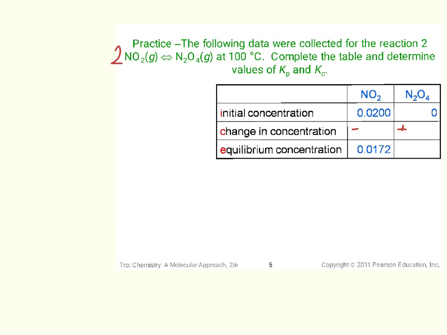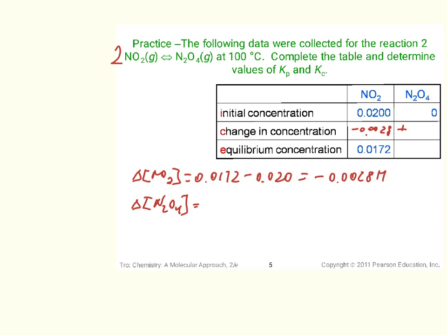If you look at what is provided, you will see that the change in concentration of nitrogen dioxide can easily be found as the difference between equilibrium concentration and initial concentration. The result is negative 0.0028 molarity, which makes sense because nitrogen dioxide decreases in amount.